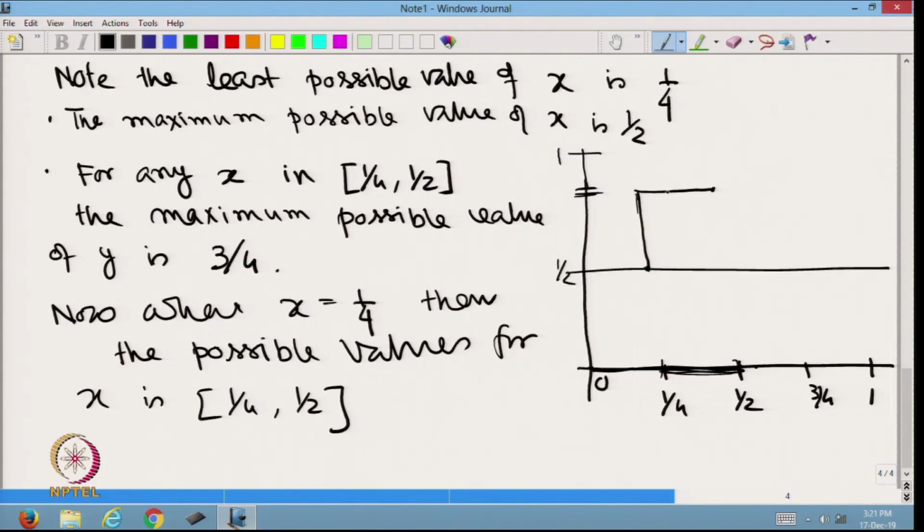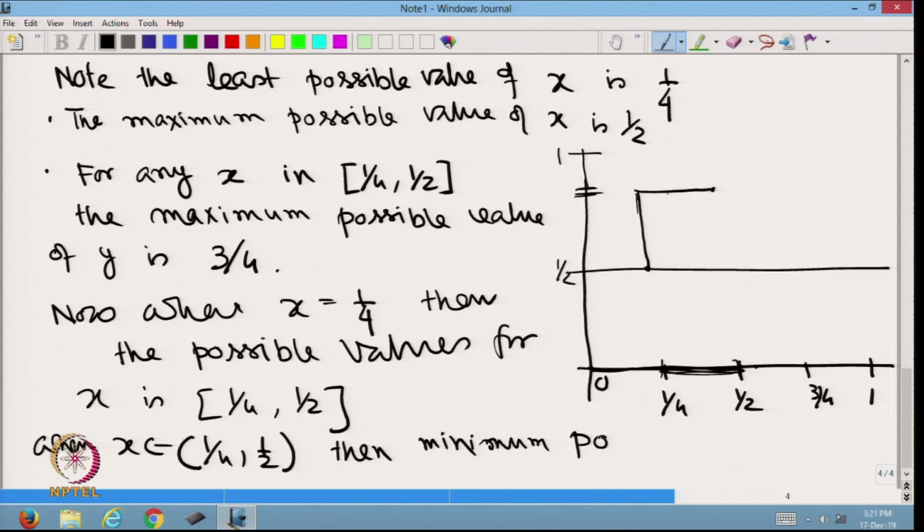Obviously, the maximum value of y can be 3 by 4, but the minimum possible value for y is what?